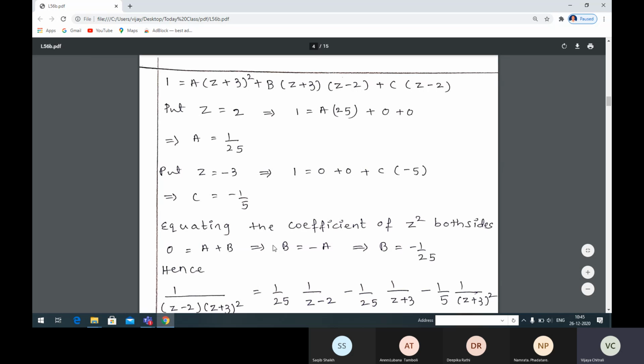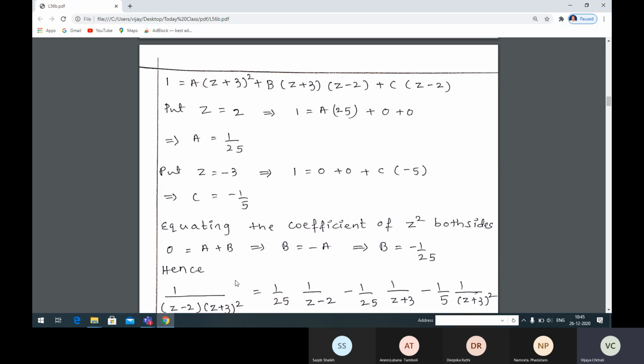So equating the coefficients of z square on both sides, we get 0 is equal to A plus B. We want B, so B is equal to minus A, so B is equal to minus 1 divided by 25. Now we have A equal to 1 divided by 25, B equal to minus 1 divided by 25, and C equal to minus 1 by 5.